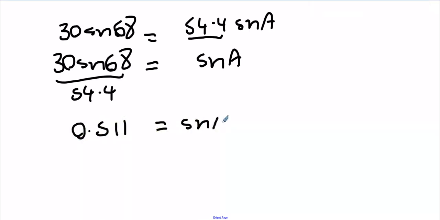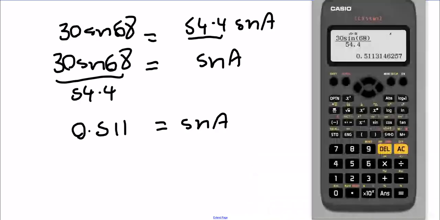Now we just have to find out what the angle is. Sine A is shift sine inverse 0.511, and you get 30.73.